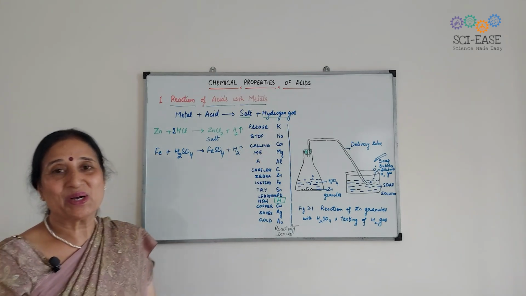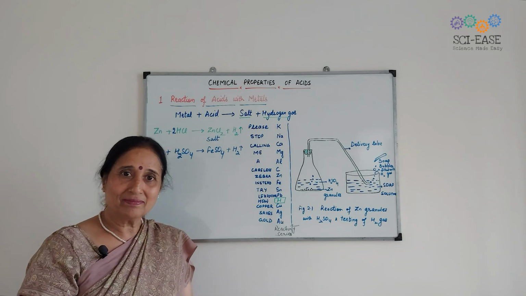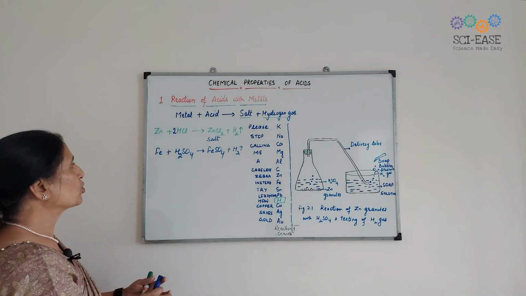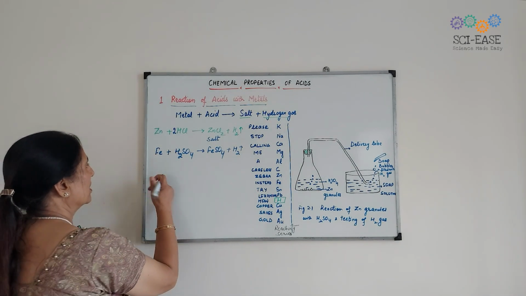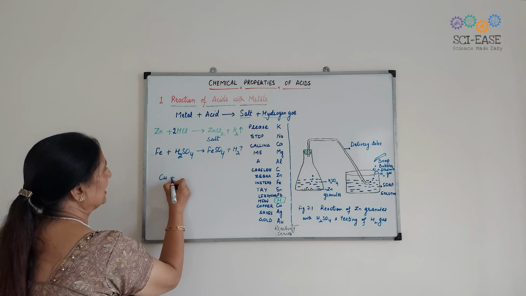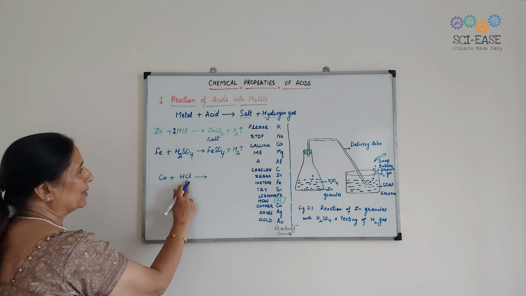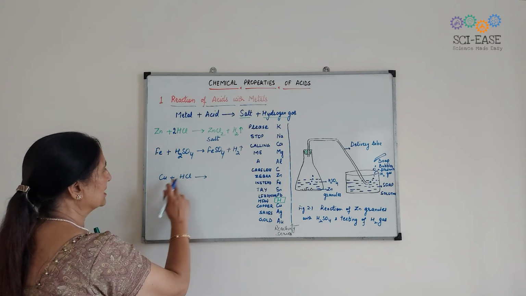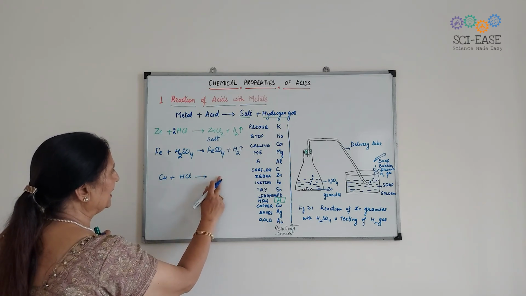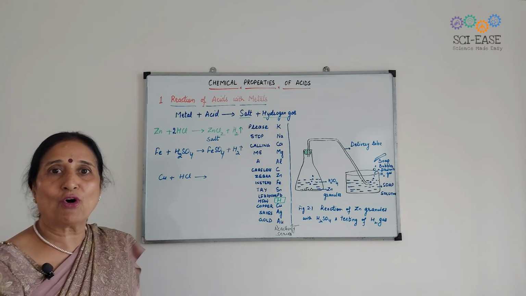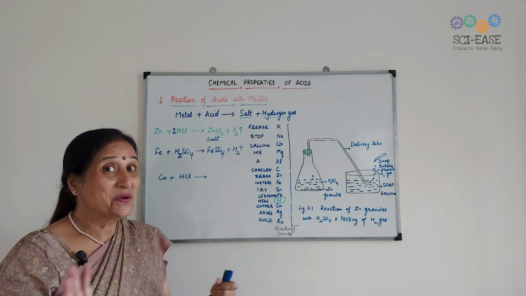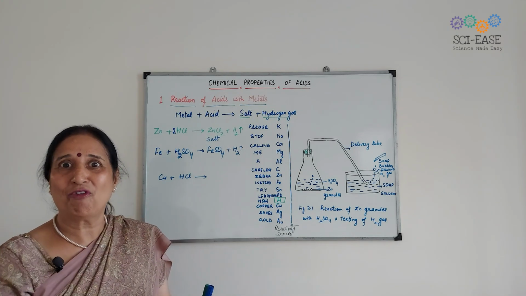Now I am taking another example. I am taking copper. Copper plus HCl. What will be the result? You will say that copper chloride plus hydrogen is formed. No, this will not be formed.